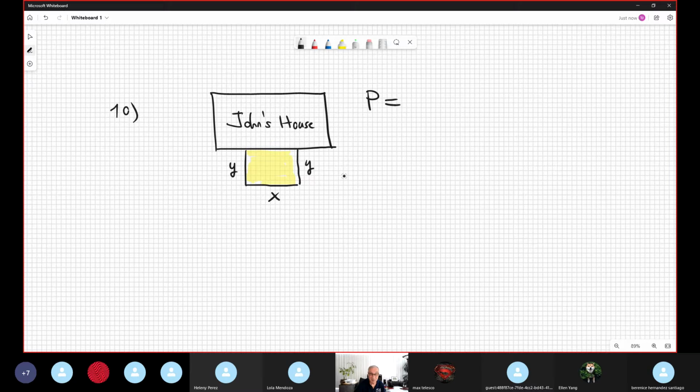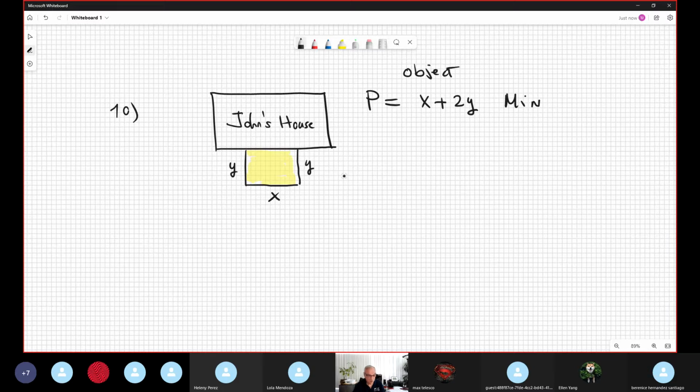It's a perimeter, no? The perimeter is a minimum. And the perimeter is obviously x plus 2y. I need to minimize. Okay. This is the objective function.